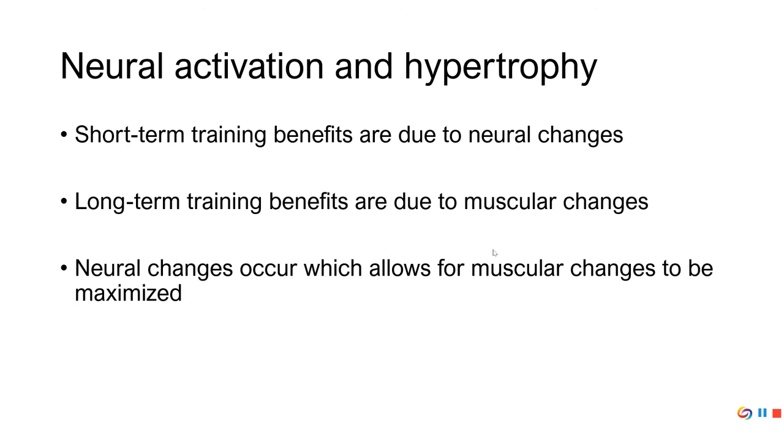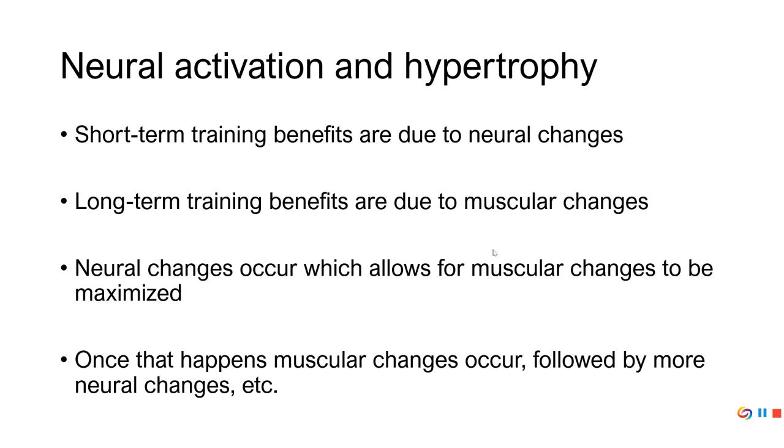And so this comes back to recruitment, autogenic inhibition, all those sorts of things, so that I can take advantage of this increased fiber size. Once your nervous system is able to handle the new fiber changes, then the muscle itself will get bigger up to a point. Then we have to have more neural adaptations, then you have more muscular adaptations, and so on and so forth. So it's kind of this cycle that increases hypertrophy and strength production, force production.